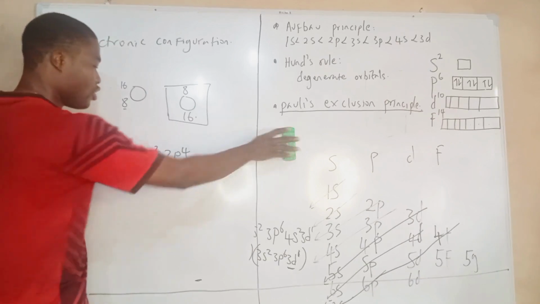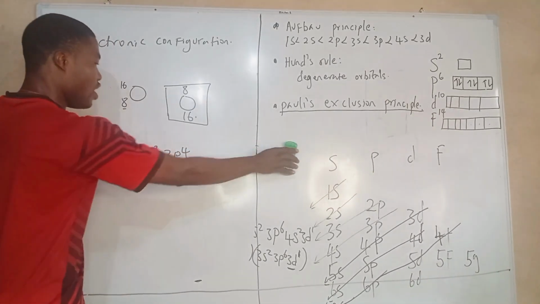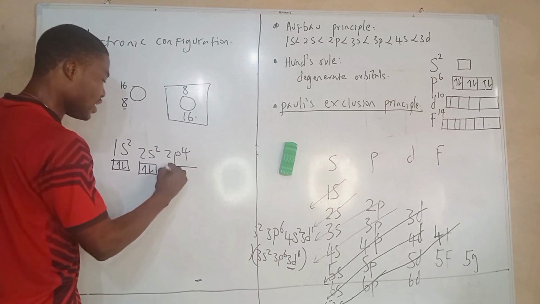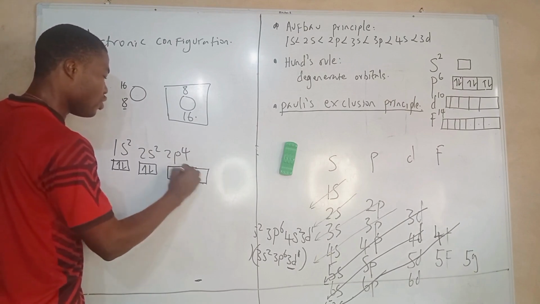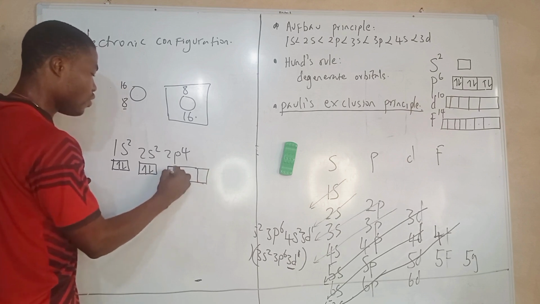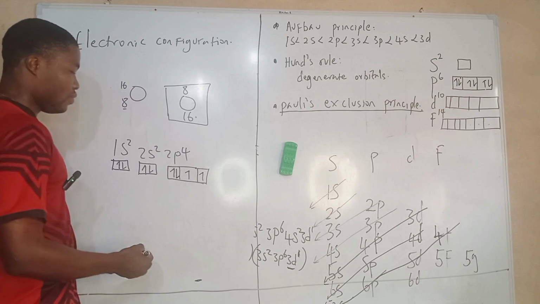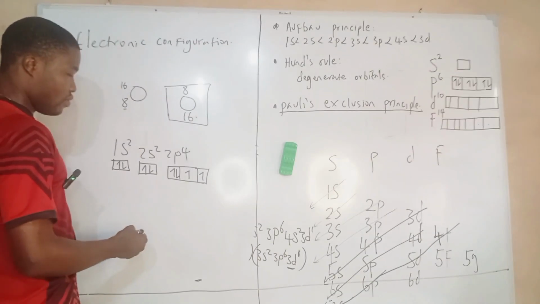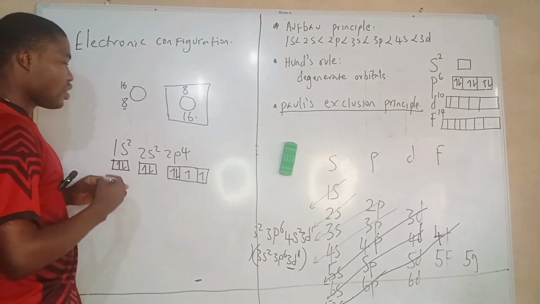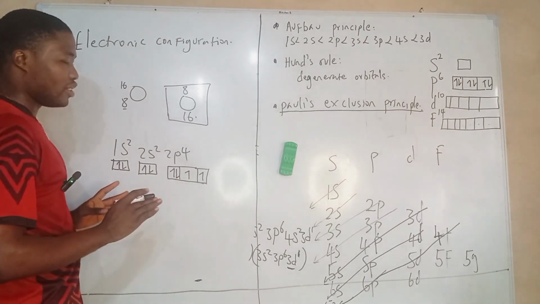But we have 4 electrons. So filling 4 electrons should now be something like this. I should have single, single, single, and this is the 4th one. As simple as ABCD.